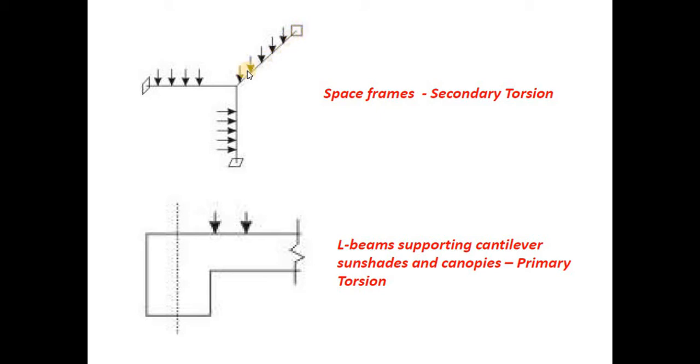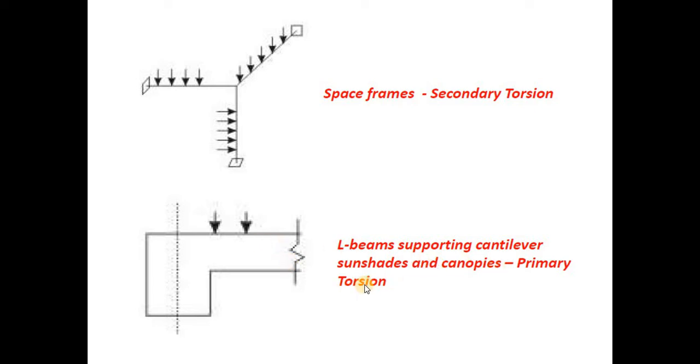When from the z-axis, or from another direction, there is some structural element which gets connected to this frame, you can see here additional moment is generated because of this beam. This is called secondary torsion. In secondary torsion, you can see the case of an L beam supporting cantilever sunshades. Sunshades are a very common example for L beams, or else we can take canopies.